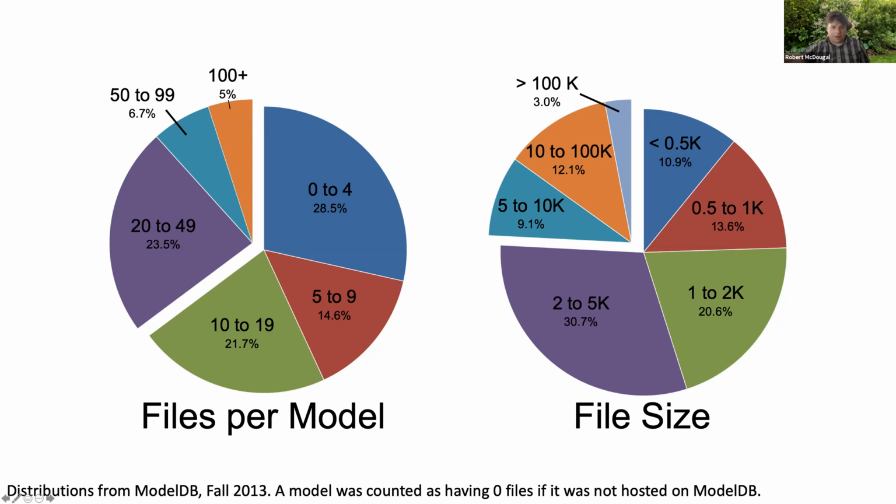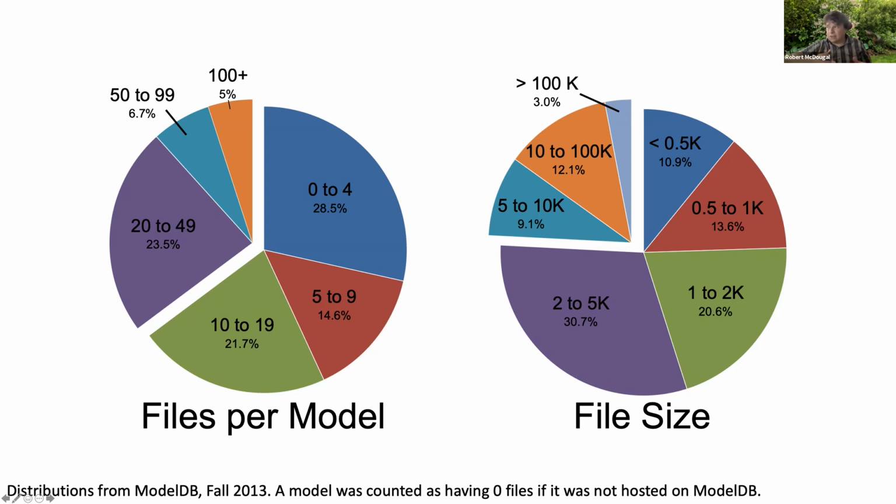We have now, I think, something over 700 neuron models in ModelDB, and a comparable number of non-neuron models. Across these models, more than half are split up across more than 10 files. A quarter of them have more than 20 files. More like a third of them have more than 20 files. Okay, so that's a lot of pieces of information.